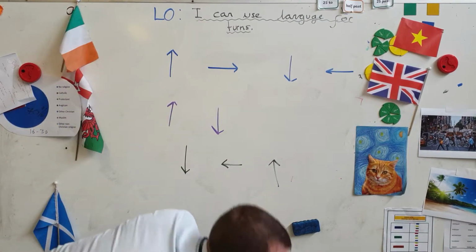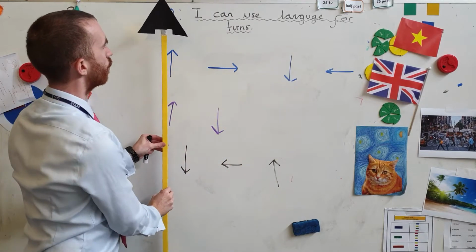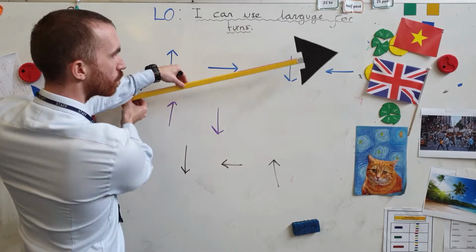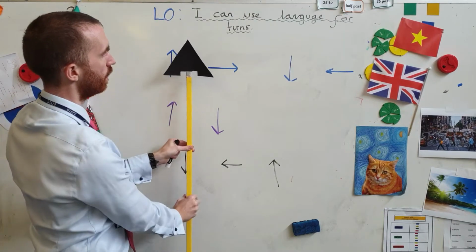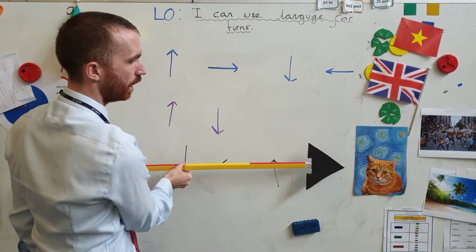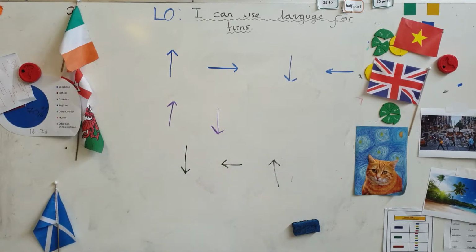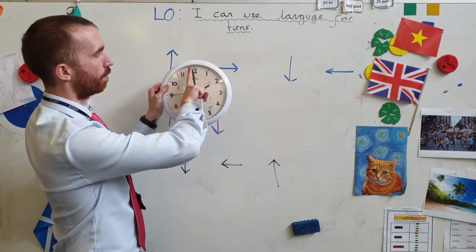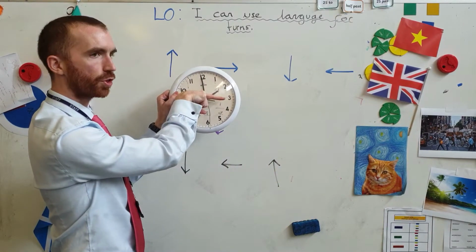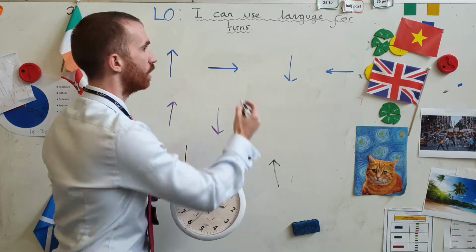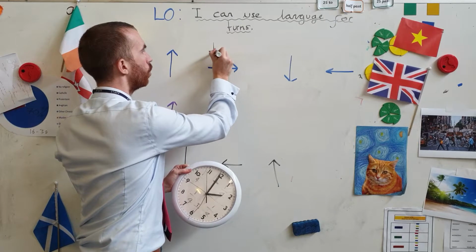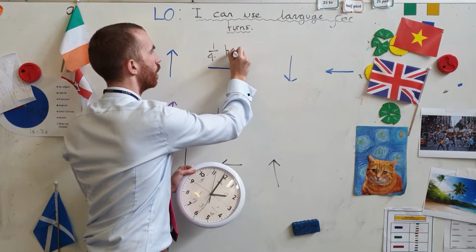Now, my arrow has gone from here to here. It has made a move from here down to here. So, if on my clock, my big hand had gone from o'clock all the way down to the 3, we would be at quarter past. What it has done is we have made a quarter turn.